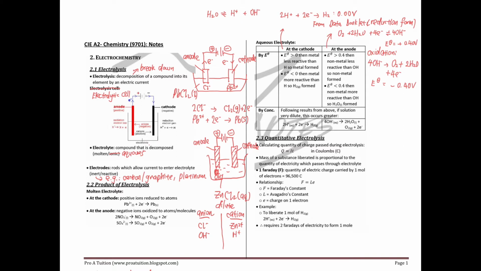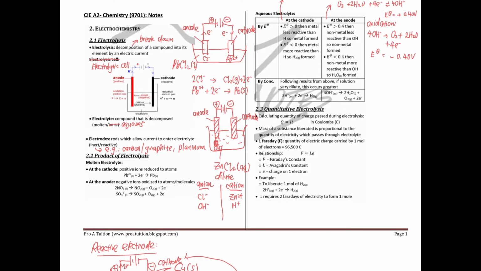So let us start from the cations. To know which one is going to be chosen to change to its element, we have to look at the E theta. So we look at the data booklet first, on the first page again. I write down the equation here.